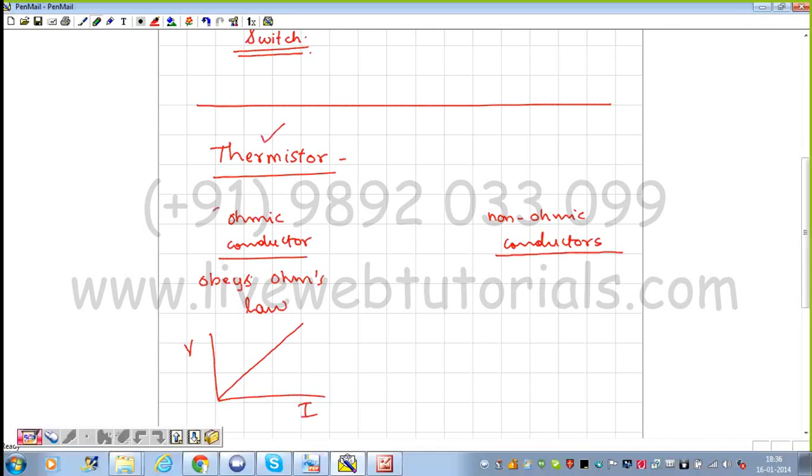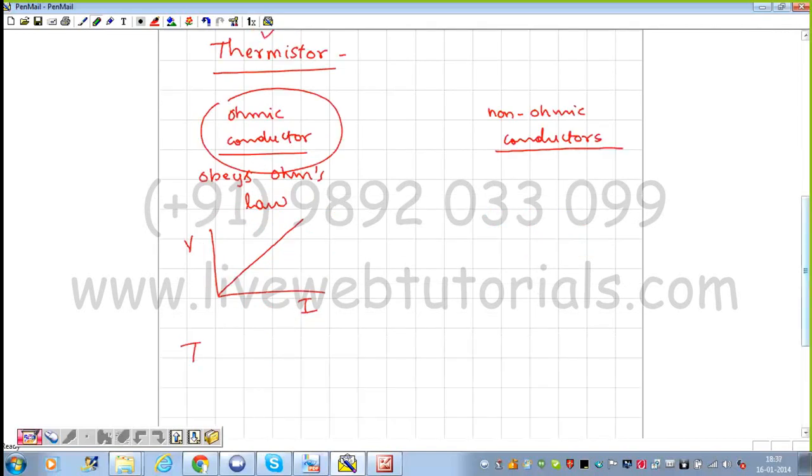Generally for ohmic conductors, as the temperature increases, the resistance also increases. Now a thermistor is an example of a non-ohmic conductor where it is reverse. As the temperature increases, the resistance decreases.